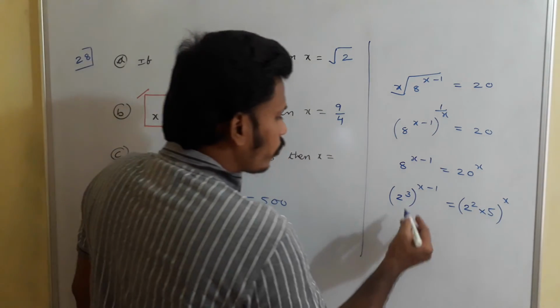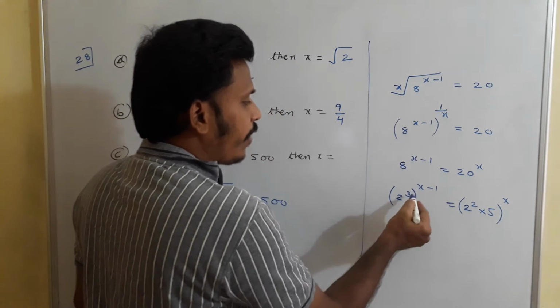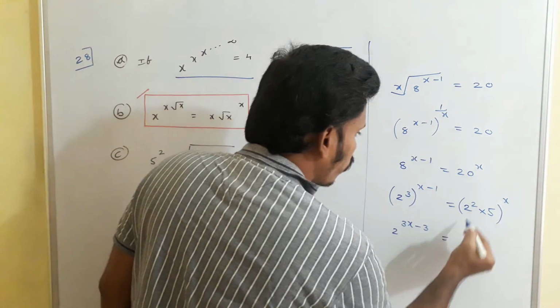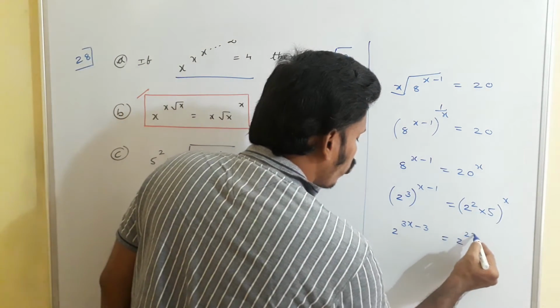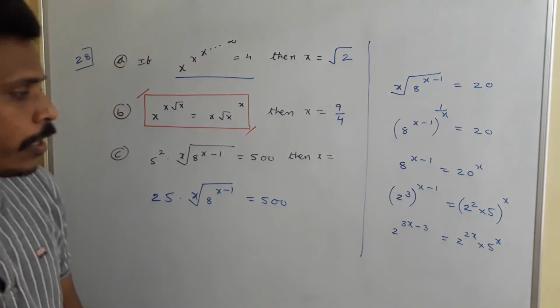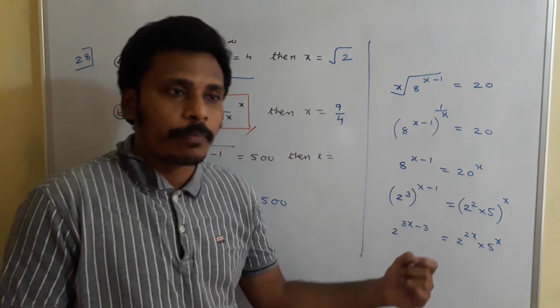Now this side is 2 power 3x minus 3. And that side, 2 square power x is 2 power 2x into 5 power x. So 2 power 3x minus 3 is equal to 2 power 2x into 5 power x.